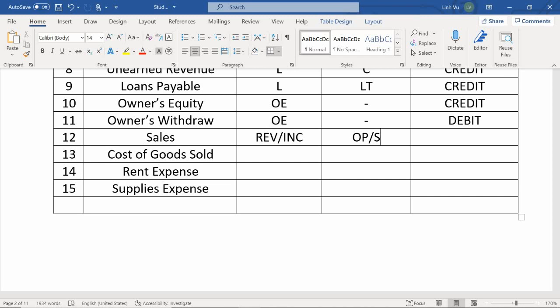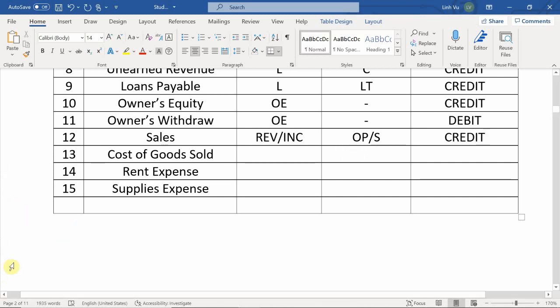Sales is your main core of operations, your operating core business of generating revenue. So what kind of account balance would sales have? Correct. Yes, it would have a credit balance.